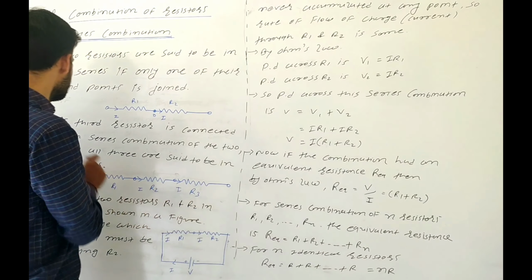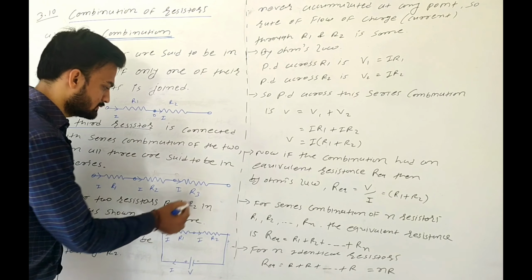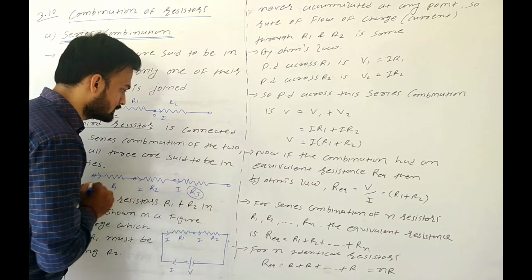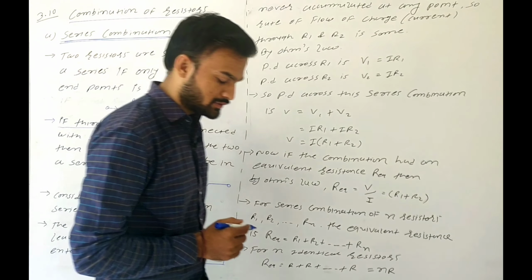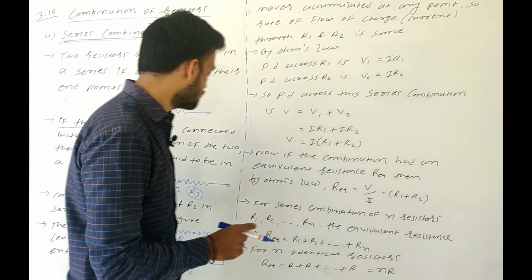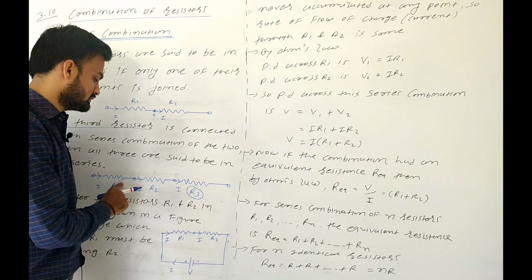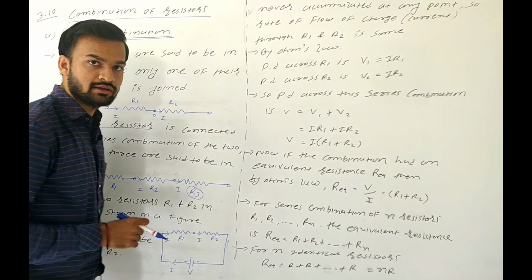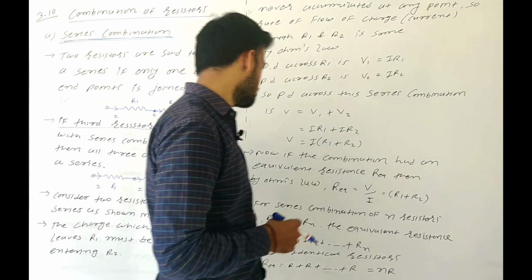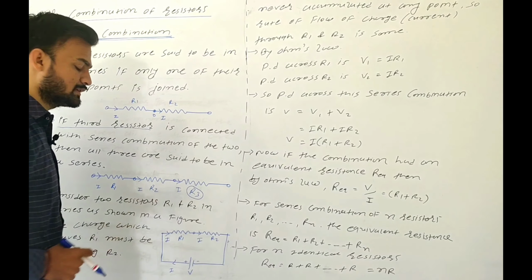If a third resistor, R3, is joined with the series combination of these two resistors, then all three resistors R1, R2 and R3 are also said to be connected in series.